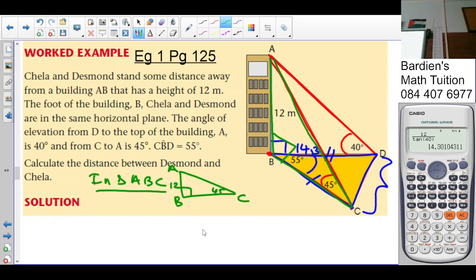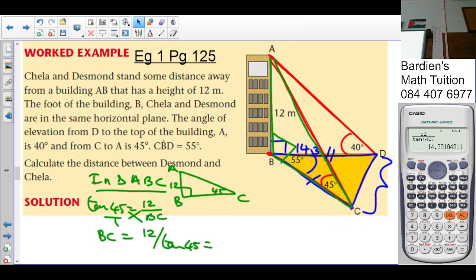Which trigonometric function? Again, tan. So tan of 45 equals opposite over adjacent, cross multiply. So BC is 12 over tan 45. That gives me 12. Okay.